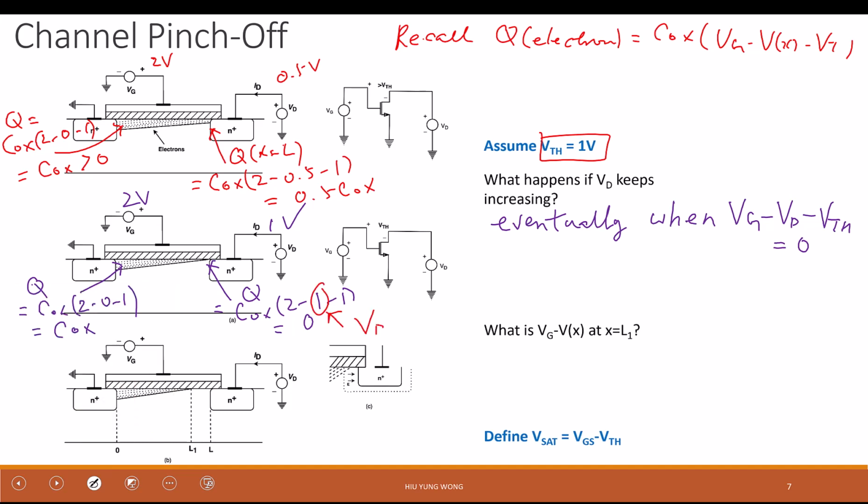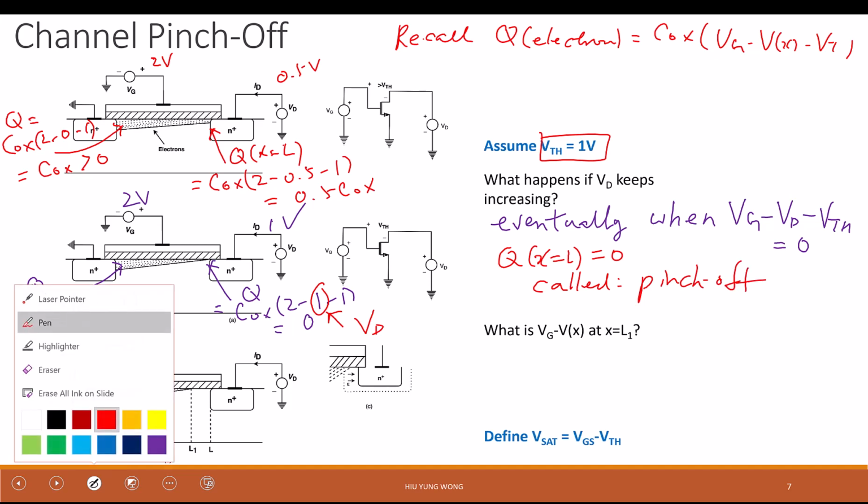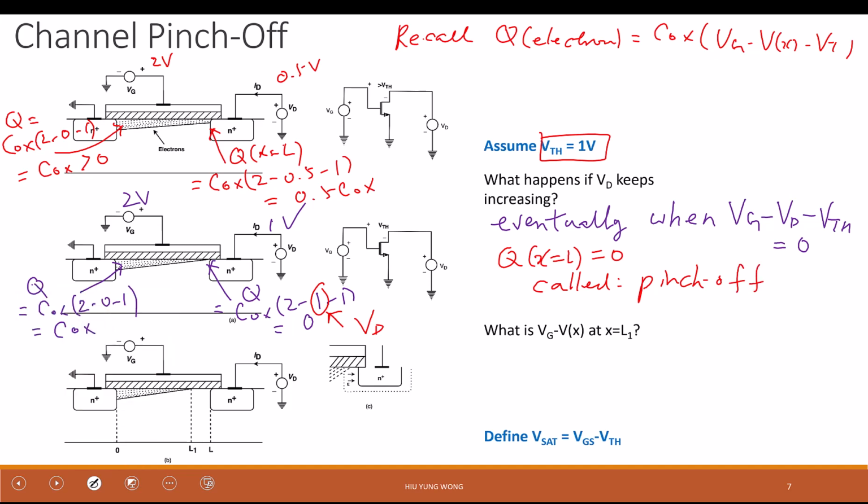This is just Vd, the potential at this point. We call this pinch off. At that location, you don't have a lot of electron. We approximate it as 0.